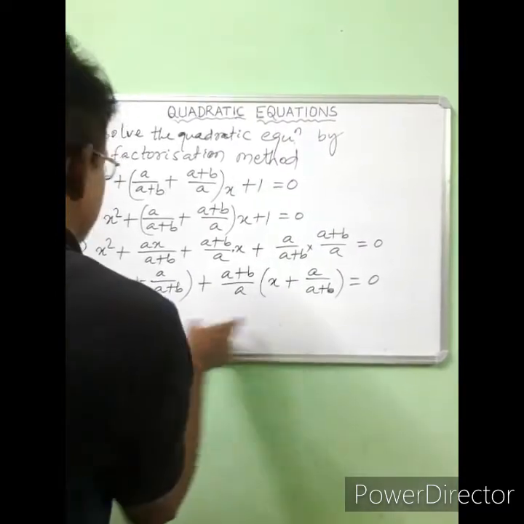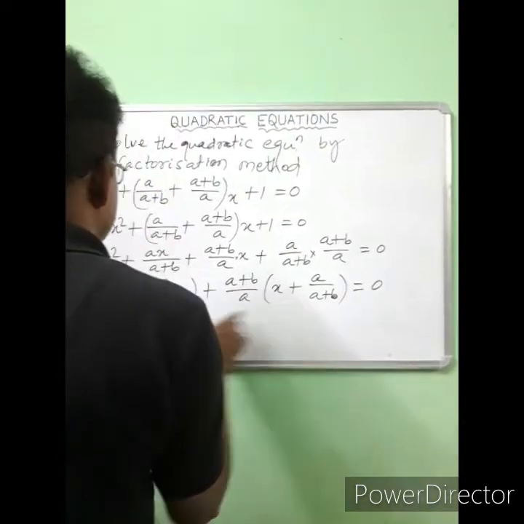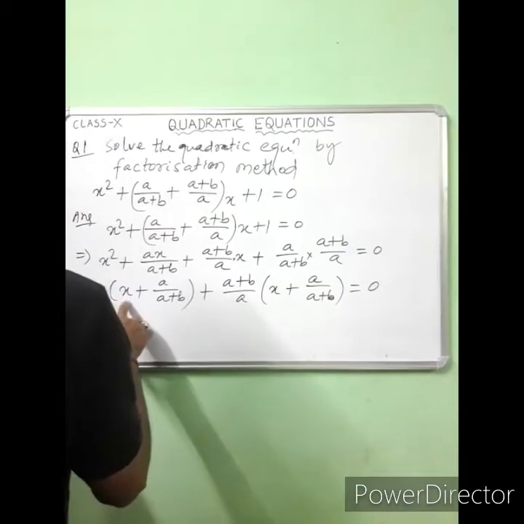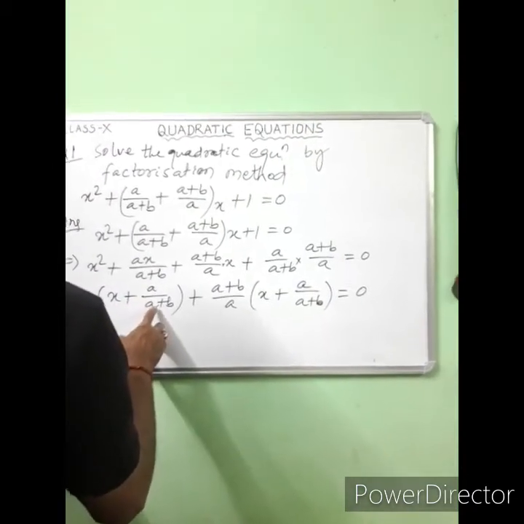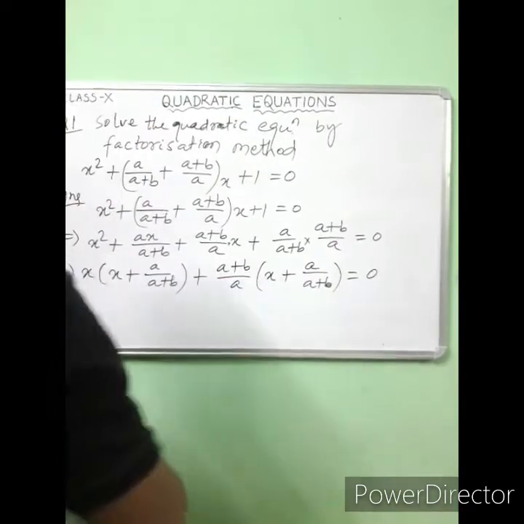Here this is one term and this is also one term. Among the two, x plus a by a plus b is common, so it is taken as common.